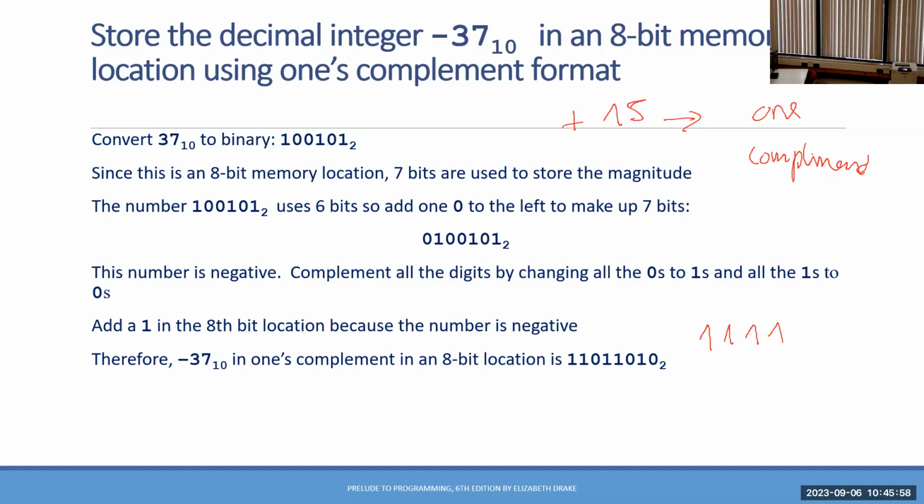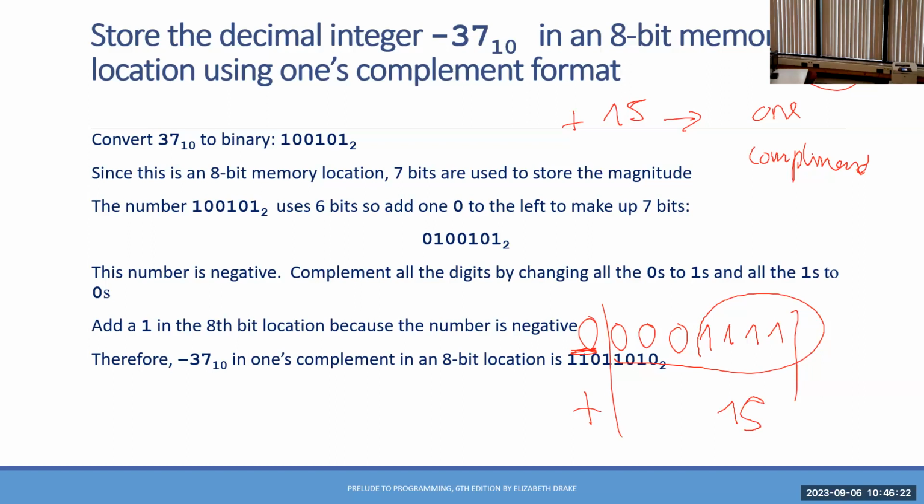Now you have 8-bit memory. So you know that for the positive, you just do it normally, 0, 0, 0, 0 here. That's all. And when you translate it, you know that this guy here is positive. And everything here, you just convert it back to the decimal. You have 15 here. Make sense?